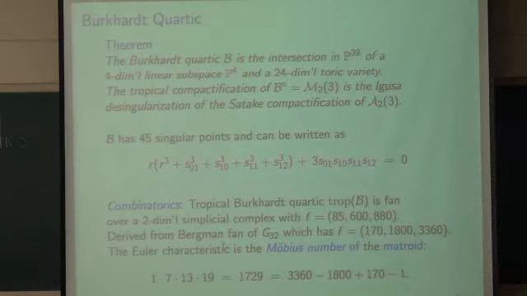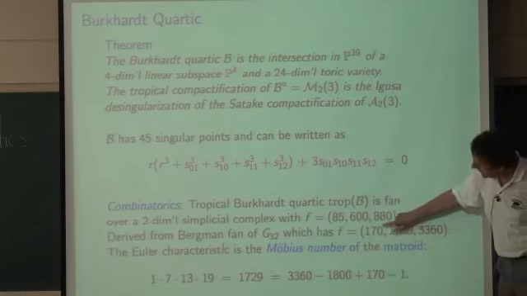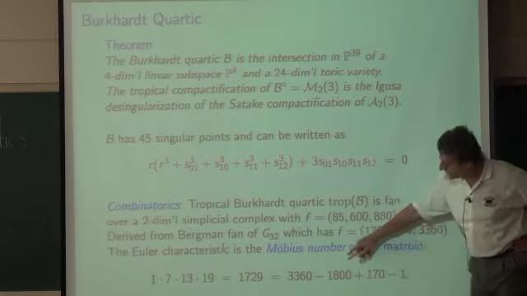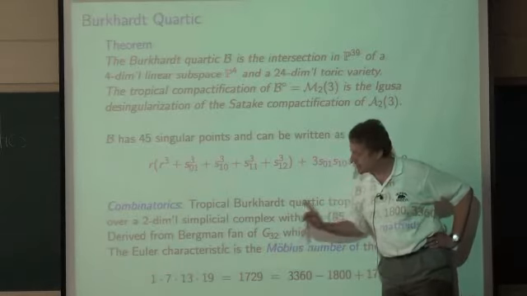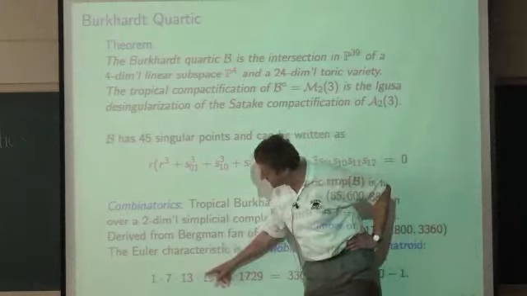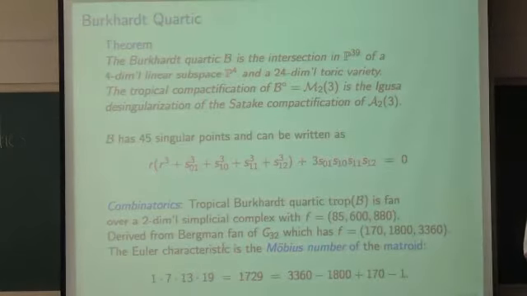And it's always good to double check. So I found this very, very nice. You look at the Euler characteristic of this. So you take this minus that plus that minus 1. You get 1729. But 1729 is 1 times 7 times 13 times 19. And those are the exponents of this reflection group.